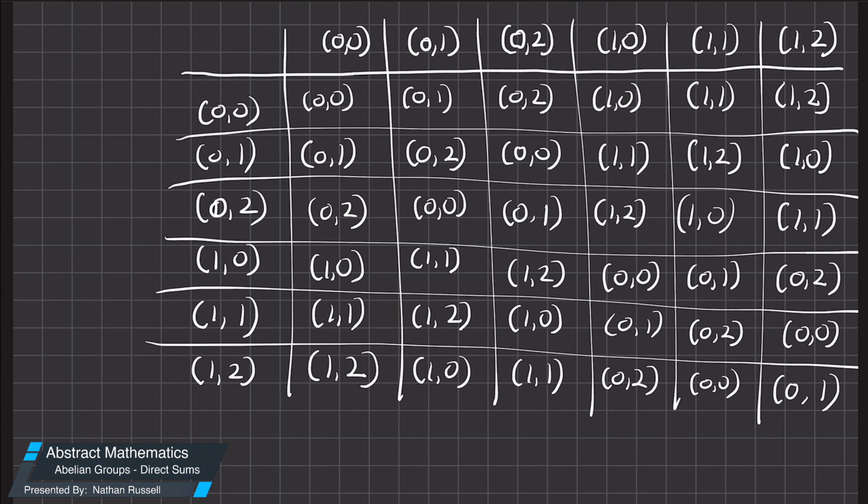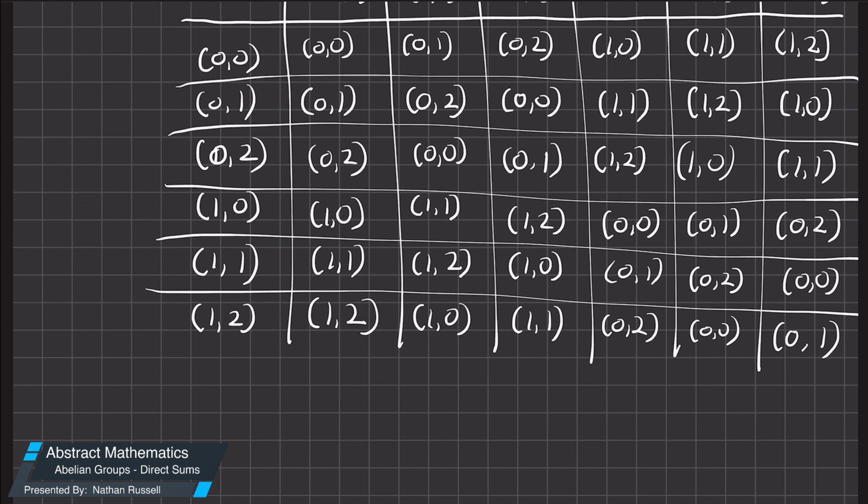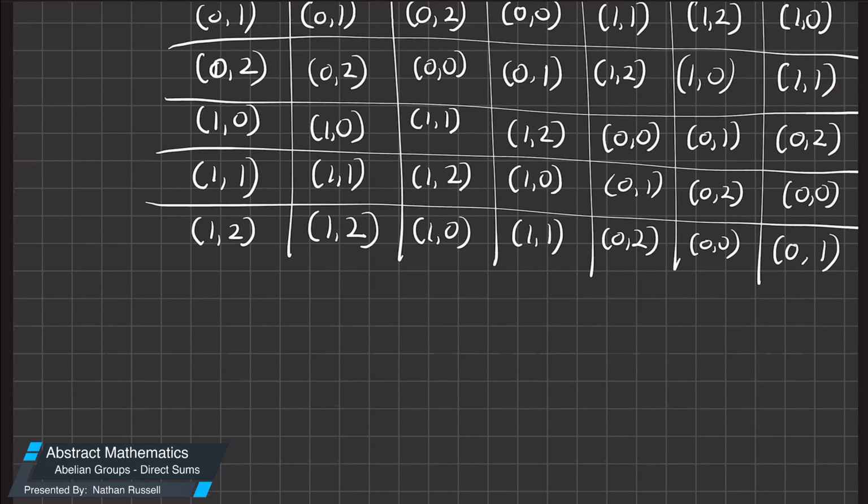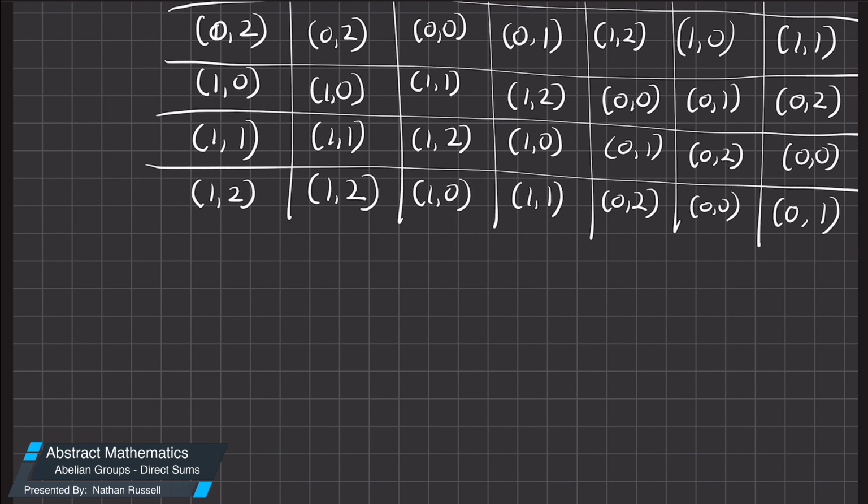So this is kind of interesting, and I hope you guys remember that whenever we have an isomorphic mapping, we always can determine that generators map to generators and identities map to identities. So what I'm going to tell you, and I'll explain how I know this later, C2 direct sum C3 is actually isomorphic to C6.